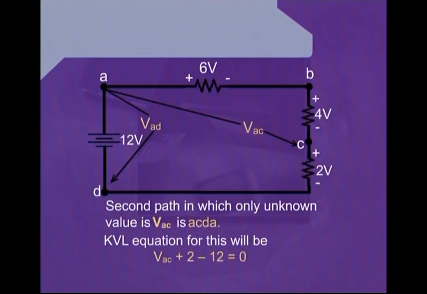Therefore, after writing VAC, we write plus 2. And we go through this resistance and reach at the point D.